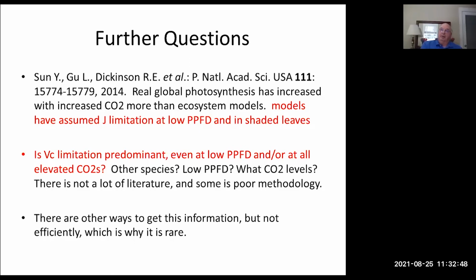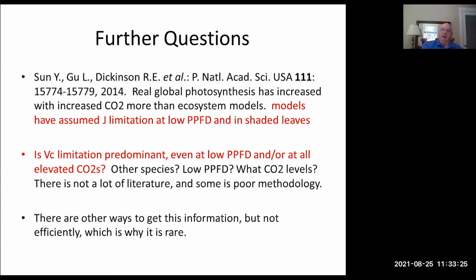Well, the reason that Vc stays limiting is just because we believe that the Rubisco activation status decreases when the leaf has been exposed to lower, less than saturating PPFD. So it's a change in the activation status of Rubisco with less than saturating light, and that's what keeps Vc being limiting rather than electron transport.